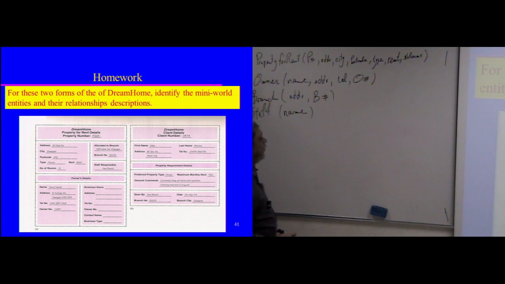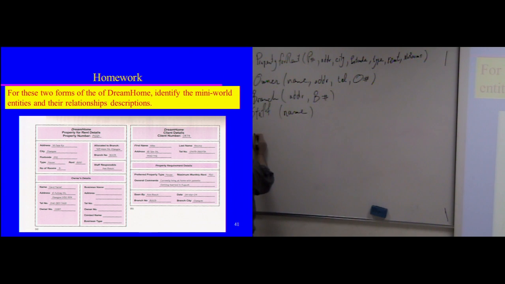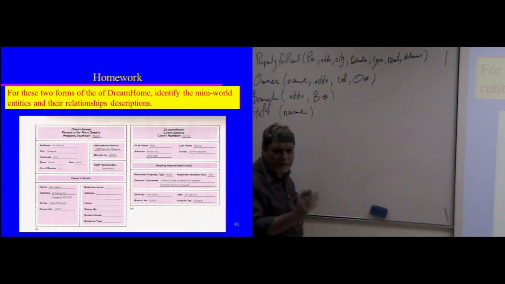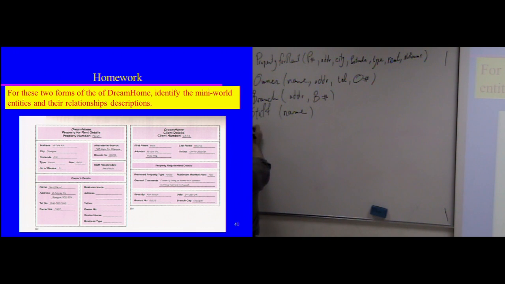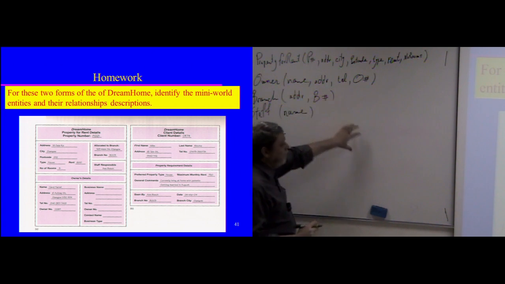Let's start with property and owner. Write the title. What's the title? Property for rent, or properties, let me call it for short, properties. I'll draw a line here just to make a separation between the entities and the relationships. So properties, say it loud. Properties have, first of all, the title. How to relate properties with owners?